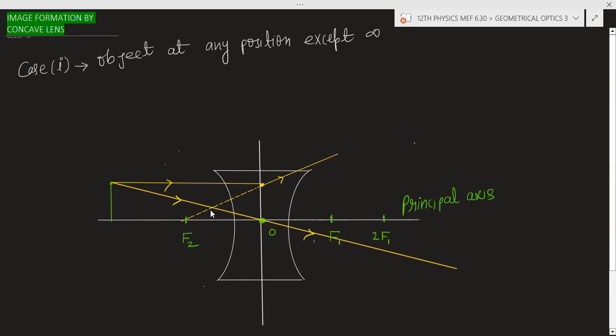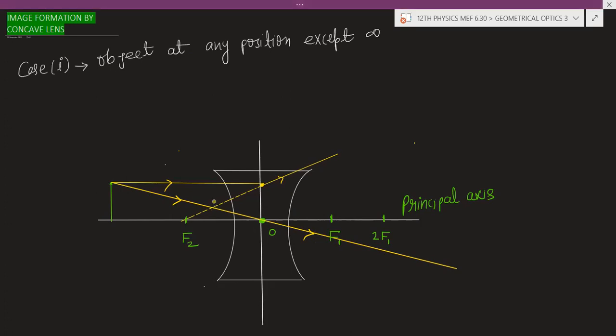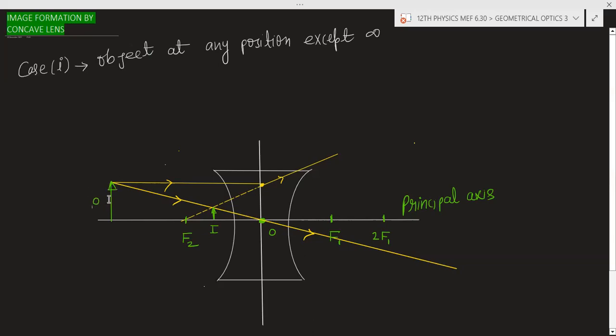Now you can see both the rays are just appearing to meet here. In actual, these rays are getting diverged, but they are appearing to meet at this point. So where will be the image? Image will be this. This is your object. This is your image.